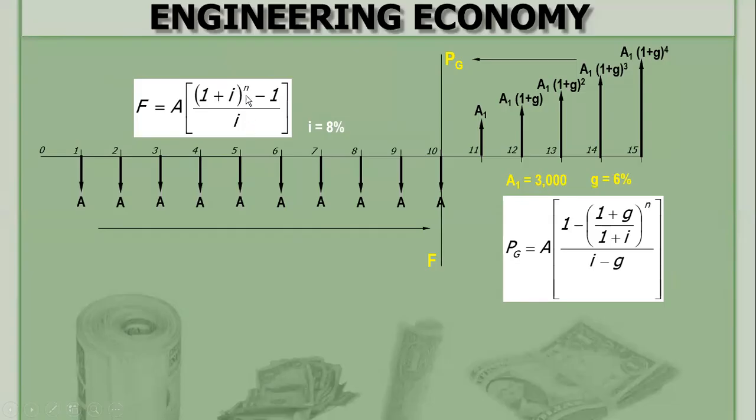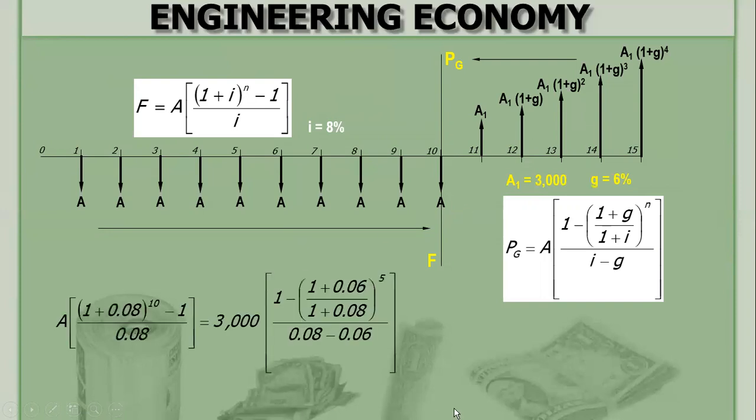For this one, n is 5, since there are 5 periods: 1, 2, 3, 4, 5. Well, for this one, it's 10. This is F, and this is P sub G. So compute this one. After that, divide by the factor, and you have A.